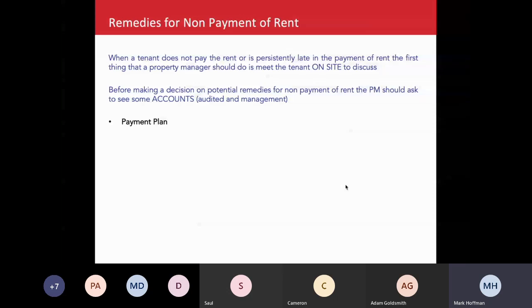So you may look at a payment plan. You could also look at pursuing a guarantor, an authorized guarantee agreement for a former tenant, and you can draw down on the rent deposit if worst comes to the worst.